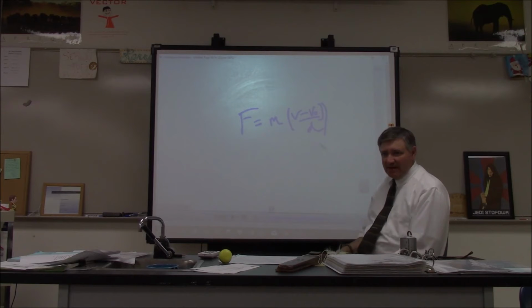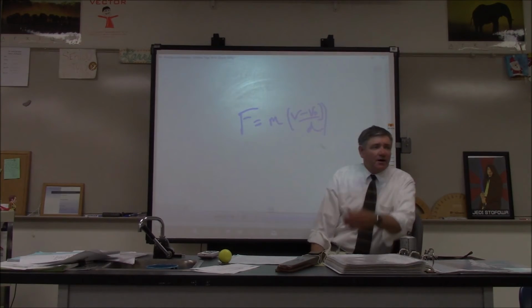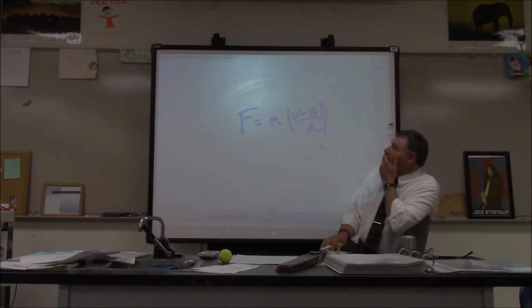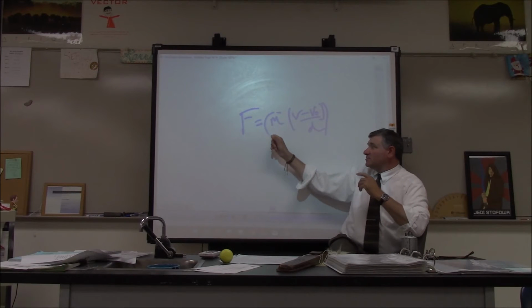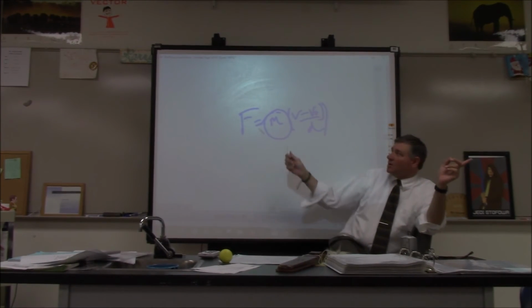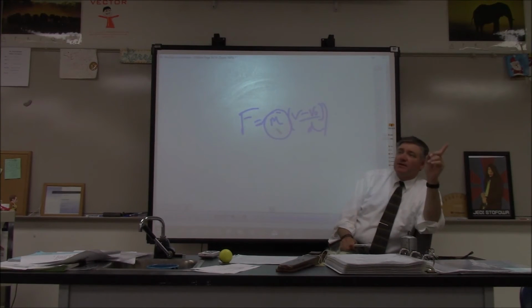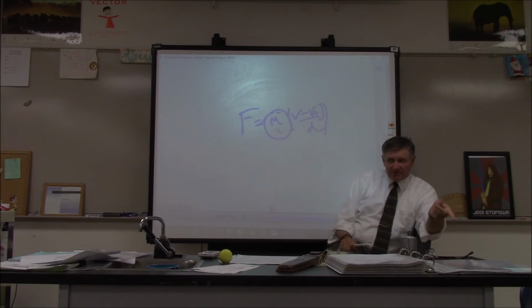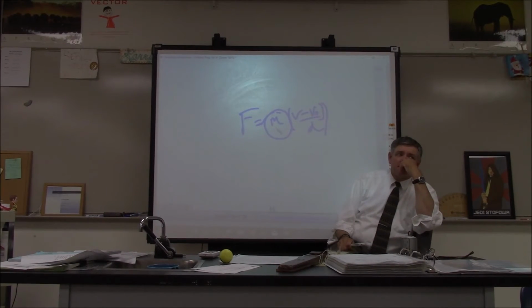So I might give you something like that and say, okay, hey, is this a valid equation? All right? So here's where this is going to go south from the beginning. When you see that M, are you going to substitute in meters, or are you going to substitute in kilograms? Kilograms. Why? Mass. That's mass.